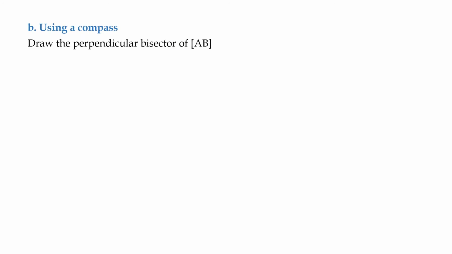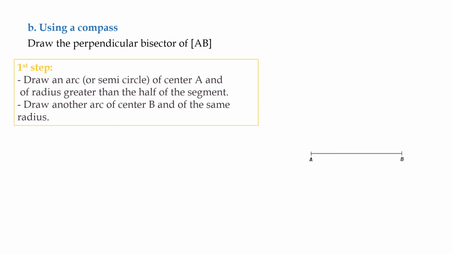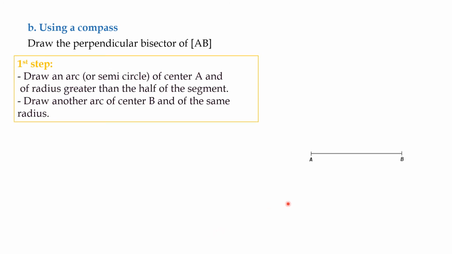Another method is by using a compass. Draw the perpendicular bisector of segment AB. If you don't know the measure of the segment, it's not given, an easy way to draw is to use our compass.